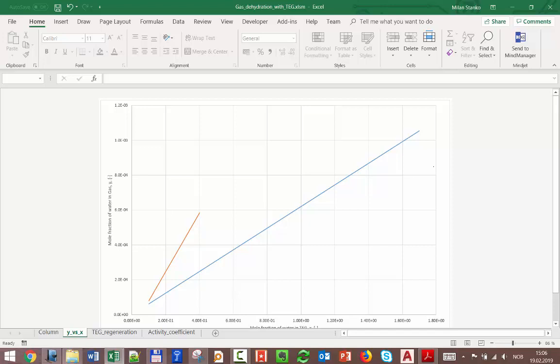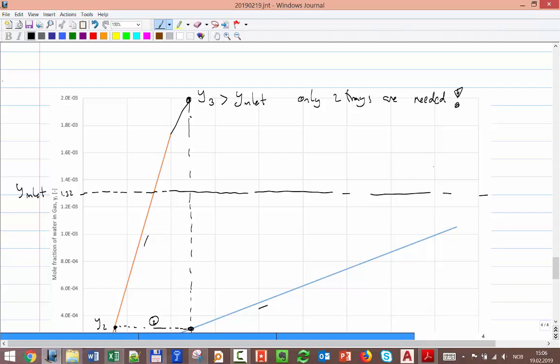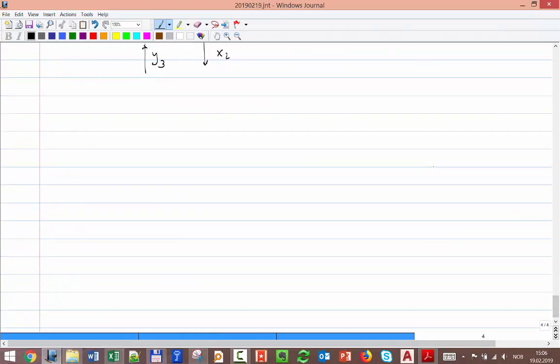So what happens if L is reduced? That means I'm going to use 10 liters of TEG per kilogram of water. Let's see how that affects my calculation.